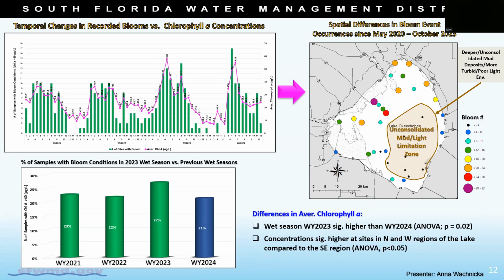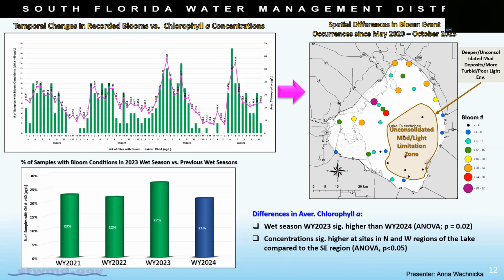Every system has its own criteria that were defined by FDEP. For the lake, it's 40 micrograms per liter chlorophyll A. Chlorophyll A is a proxy for total phytoplankton biomass, so we can assess total phytoplankton biomass by measuring the concentration of chlorophyll A in the water.